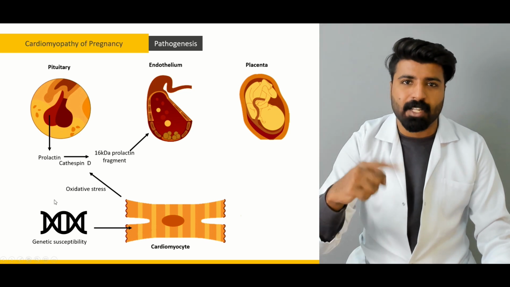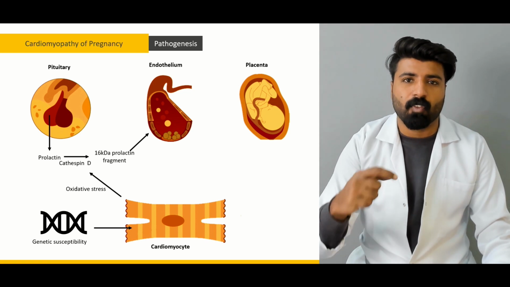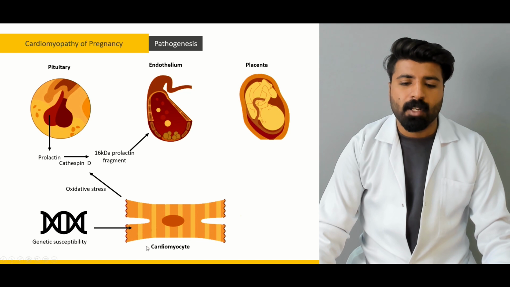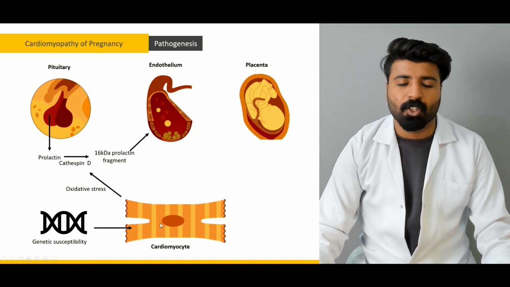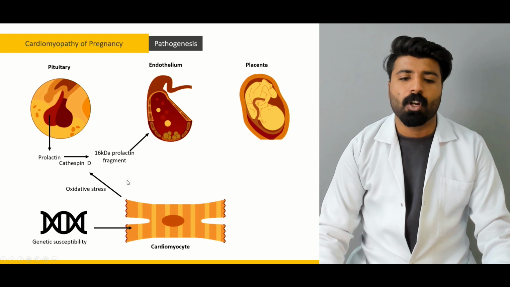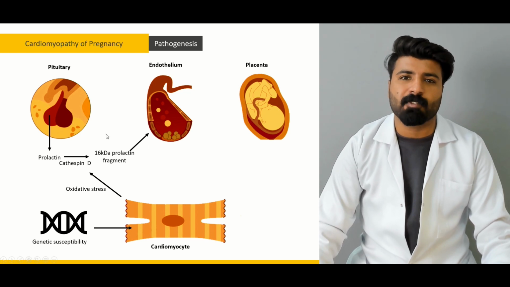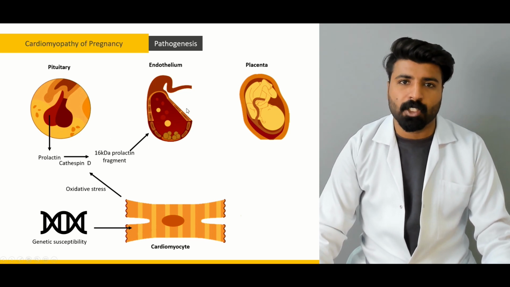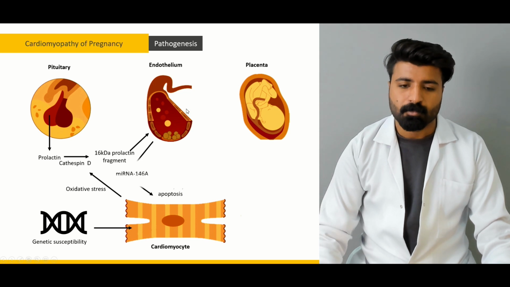This will happen in a cycle and actually propagate. When the cardiomyocyte is undergoing this oxidative stress because of this endothelial injury, more and more reaction will be carried out, more 16 kDa prolactin fragments will be produced, and more endothelial injury will happen.